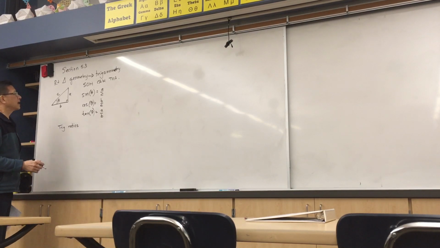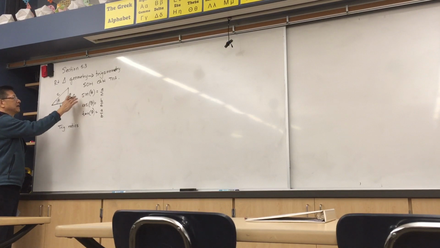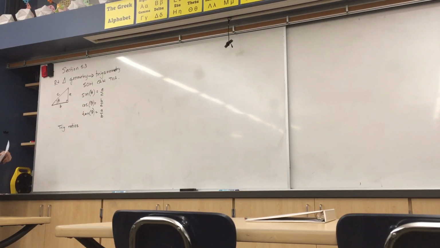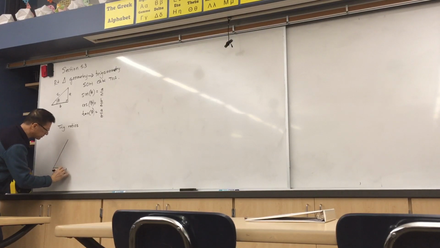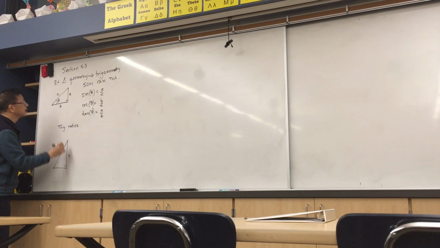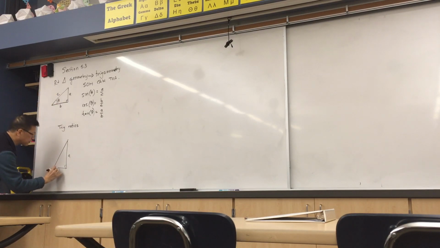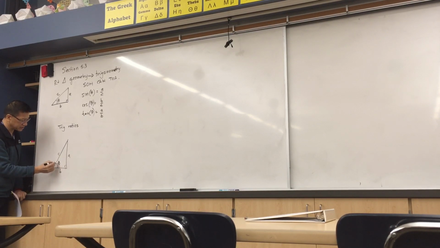So sine and cosine are ratios in that if I were to draw a different triangle where A is much longer, but we have the same B, then A and C change, and theta changes.